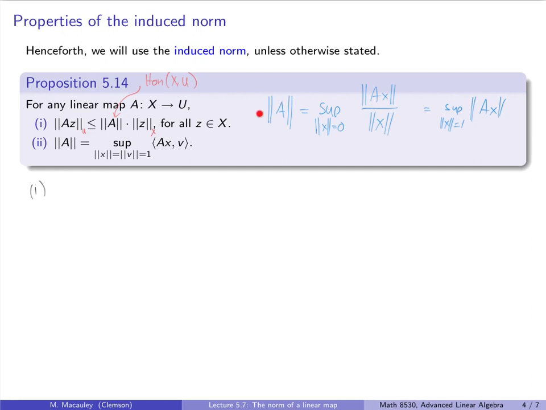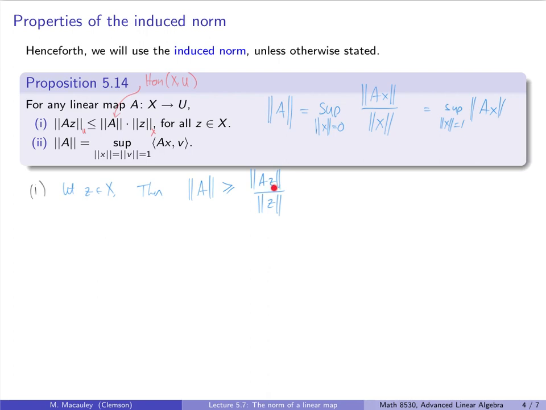So this is the maximum over all of these, which means if I take an arbitrary vector Z, which may or may not achieve this maximum, then this quotient is going to be less than or equal to the maximum. In other words, let's take any Z in X. Then the norm of A is at least as big as the norm of AZ divided by the norm of Z, because it's equal to the maximum of this.